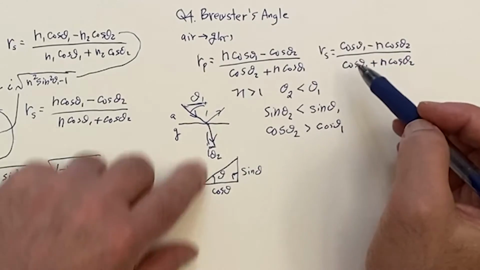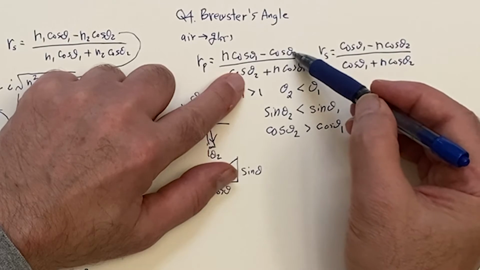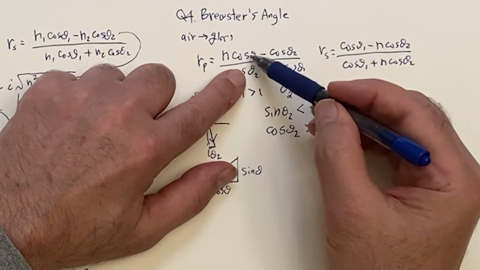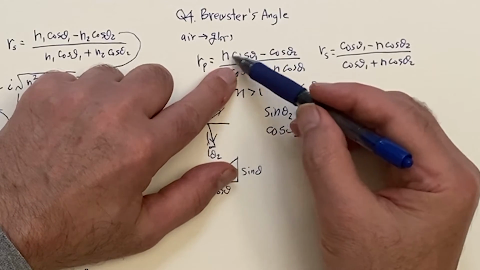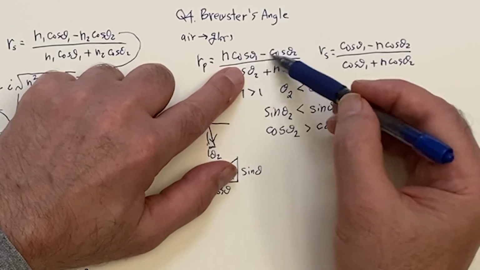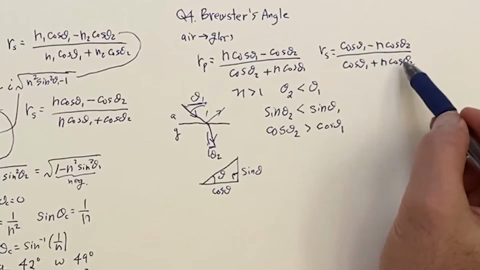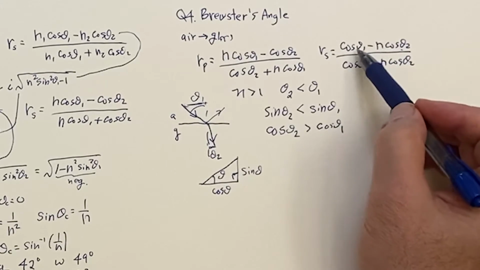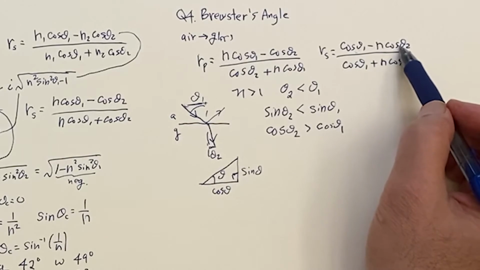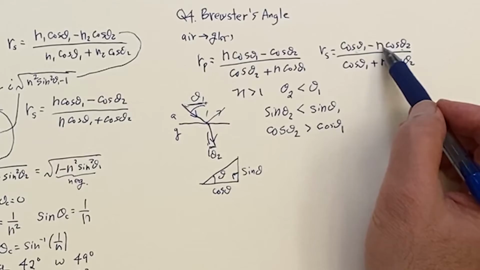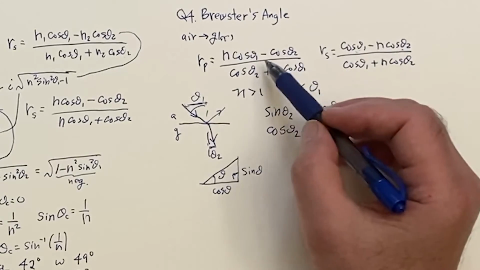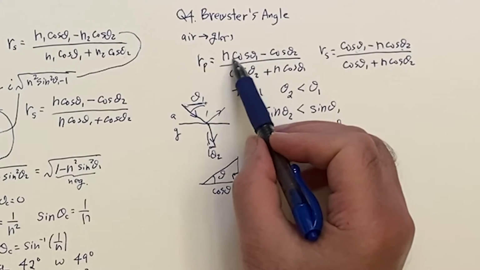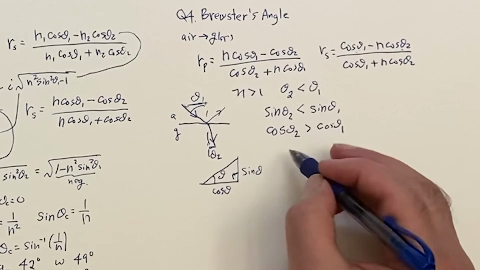Over here, since the cosine of theta 2 is greater, that always wins, and the N helps it win even more. In other words, N times that is going to be greater than 1. But over here, the cosine of this is smaller, but when you hit it with the N, you can make it bigger and make that work. So let's go ahead and check that out.